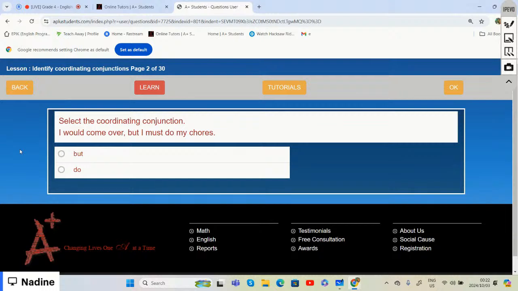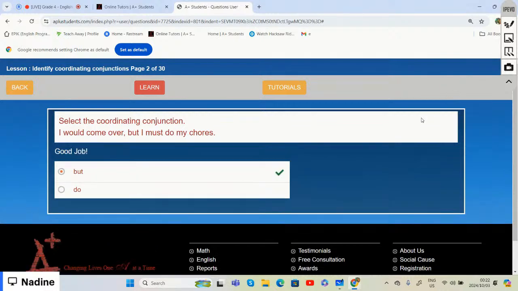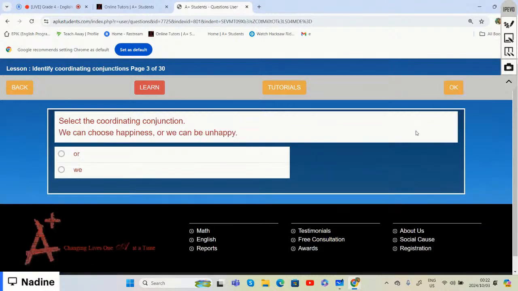So I would come over, but I must do my chores. Option one or option two? If we were to choose the correct one, we would say it is option one. Well done. But is correct.